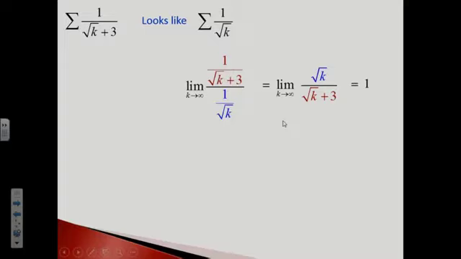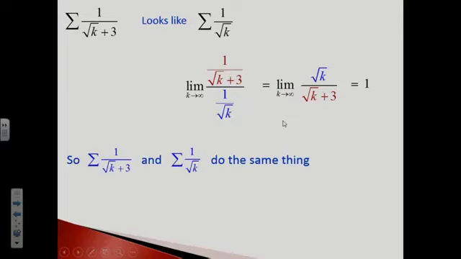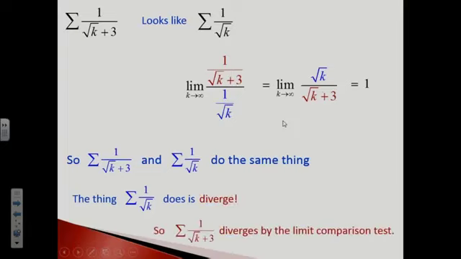This limit is finite and positive, so the limit comparison test tells us that the given series will have the same convergence properties as sigma 1 divided by square root of k. Sigma 1 divided by square root of k is a p-series with p equals 1/2, so it diverges. The limit comparison test tells us that the given series must diverge.